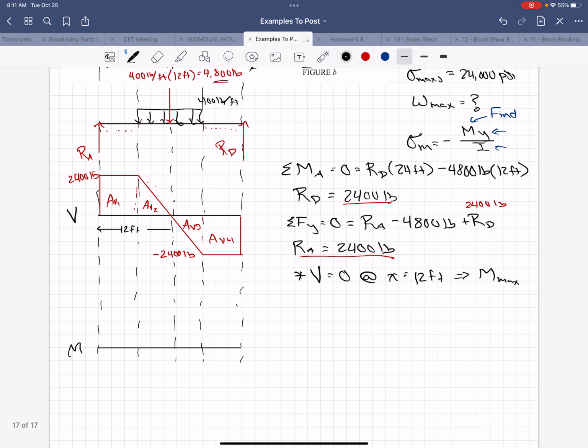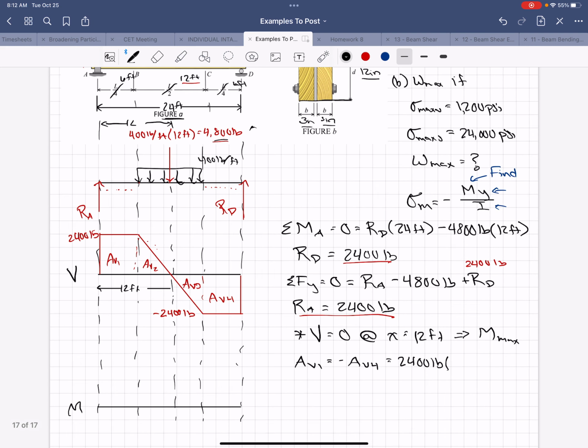And looking at that, we can see that area of shear 1 equals a negative area of shear 4, and that equals 2,400 pounds times 6 feet. So this area equals 14,400 pound-feet.